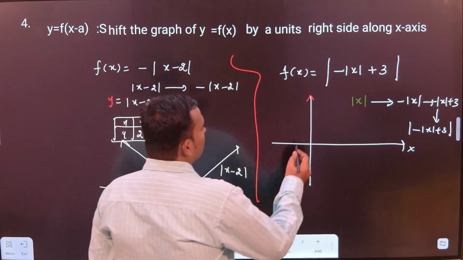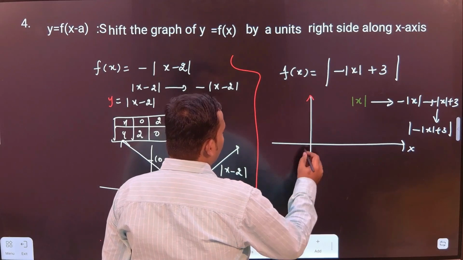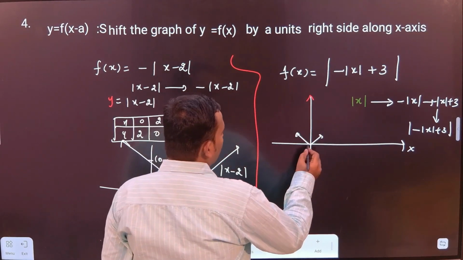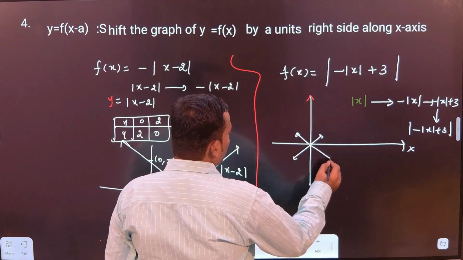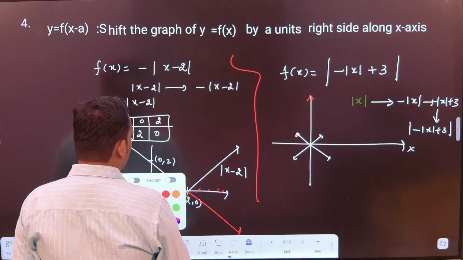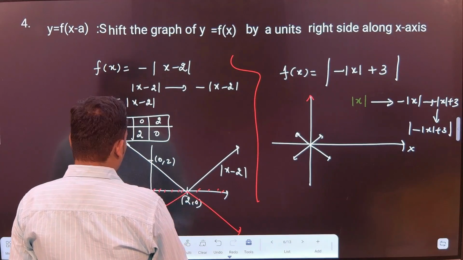So the first step, you can see the mod x graph, you already know that. Minus mod x is this one, right? Then you can remove this one.